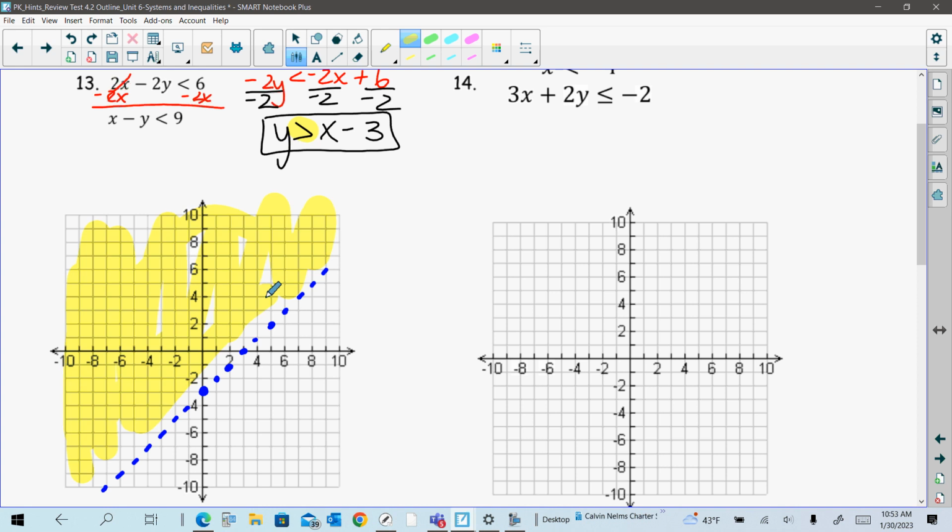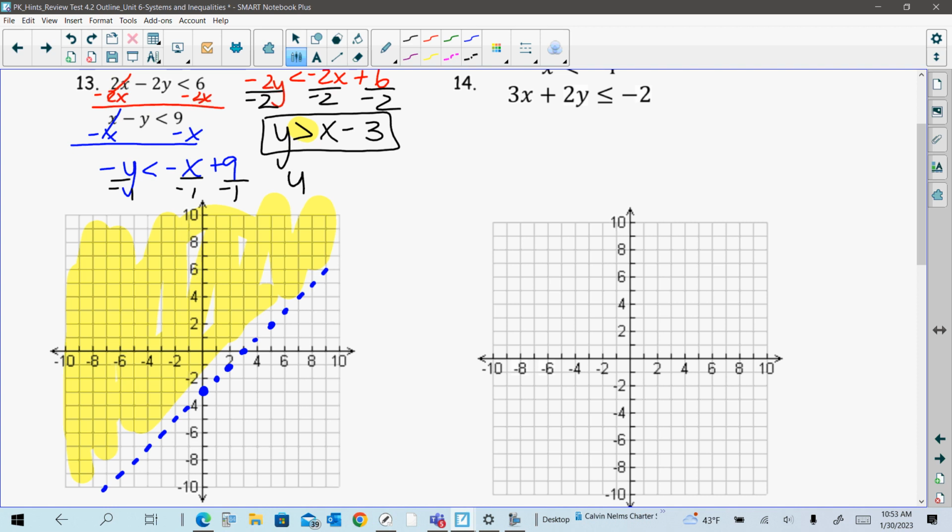Now we have to solve for y for the second equation as well. To do that, I'm going to subtract x. This leaves me -y is less than -x plus 9. I don't want a -y, so divide everything by -1.